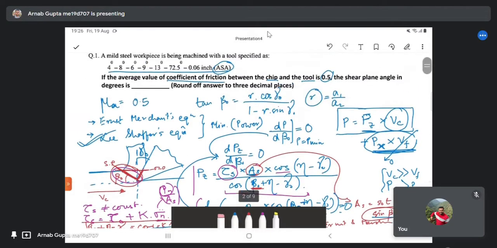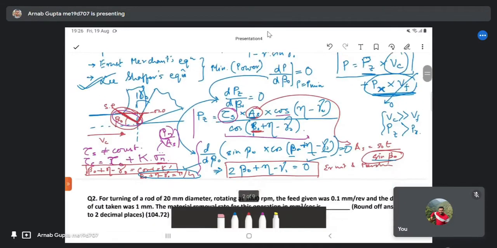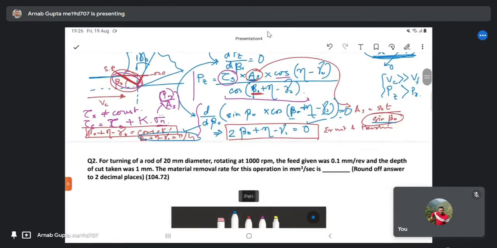Another thing here: the tool signature that has been given is in the American Standard System, right? So you know eta here is the friction angle. You have been given mu is equal to 0.5, so eta is nothing but tan inverse of 0.5. Gamma naught you have to calculate. How do you calculate it?